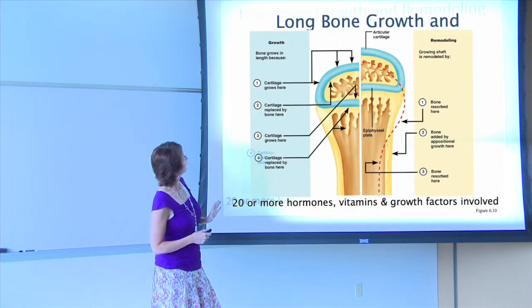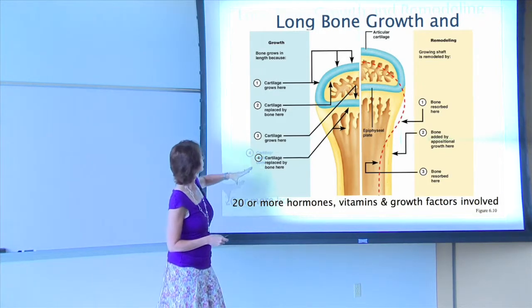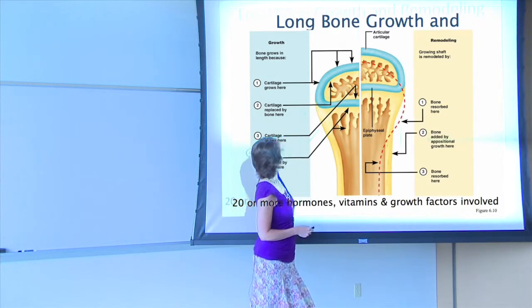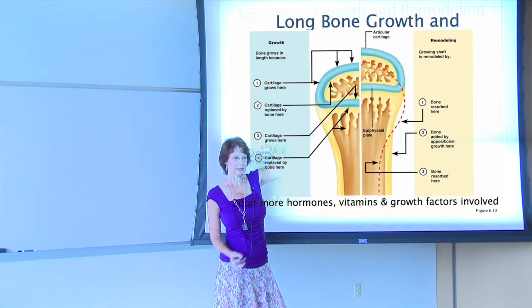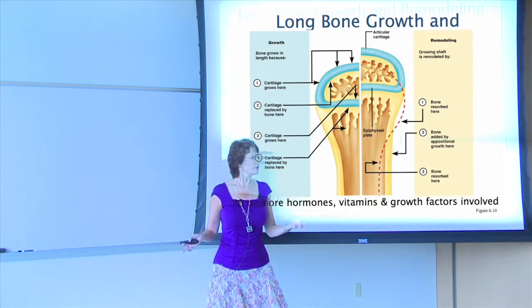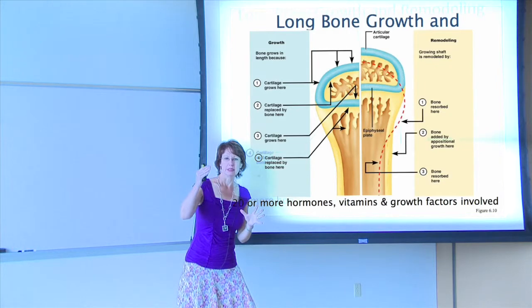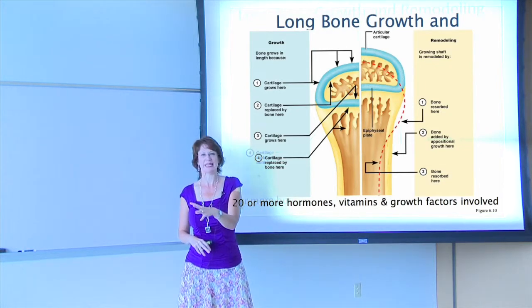So here's sort of comparing the process of growth of a long bone with remodeling of a long bone. Long bone growth is happening where the hyaline cartilage is, extending the length of the bones. Remodeling happens pretty much throughout life, and in that remodeling, the osteoblasts are continually laying down bone, and osteoclasts are continually eating it away.